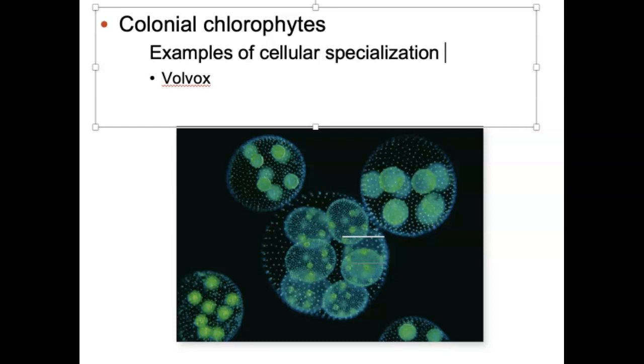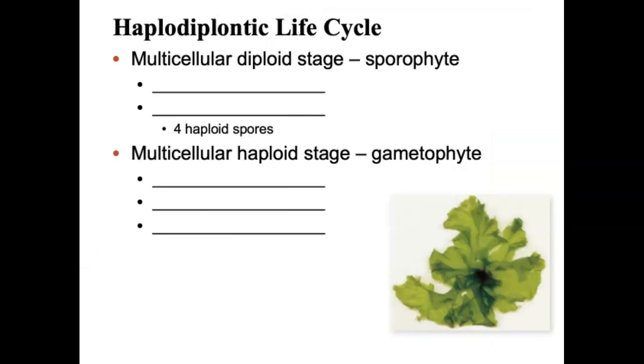All right, an important feature to mention about the colonial guys here is that they were kind of moving towards multicellular. Well, the multicellular ones work through this thing called a haplodiploidic life cycle. So, big weird word, but let's chop it in half. Haplo, haploid. Diplo, diploid.